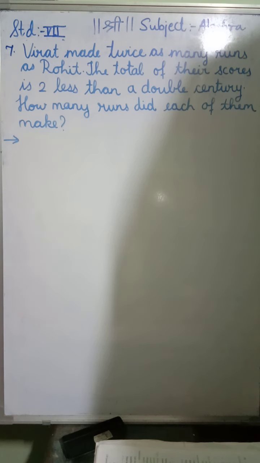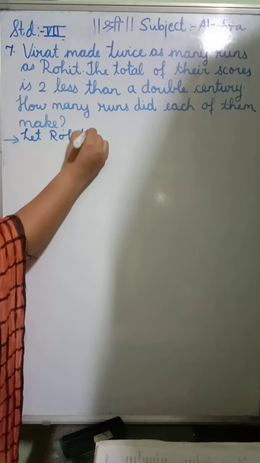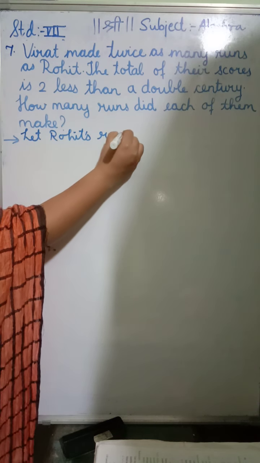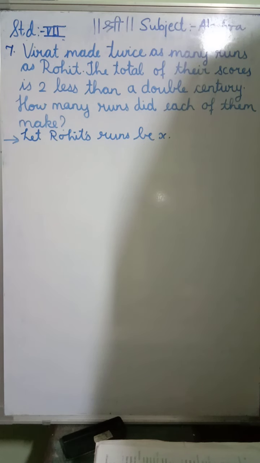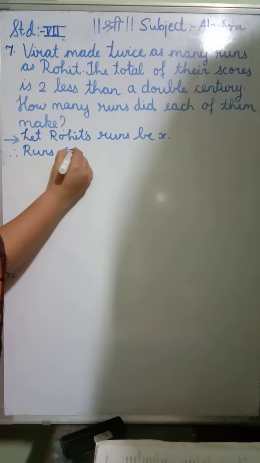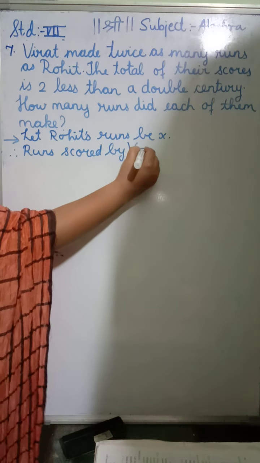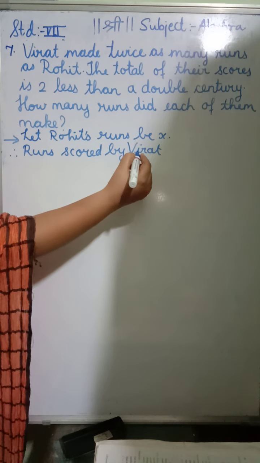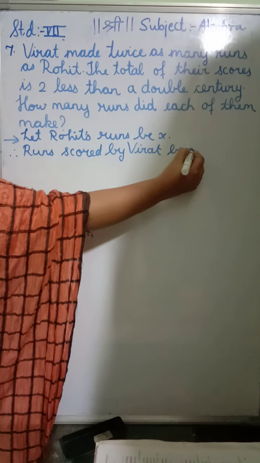No. So we'll assume, let Rohit's runs be X. Yes. Now if Rohit's runs are X, then what will be Virat's runs? Yes. Therefore, runs scored by Virat be 2X.